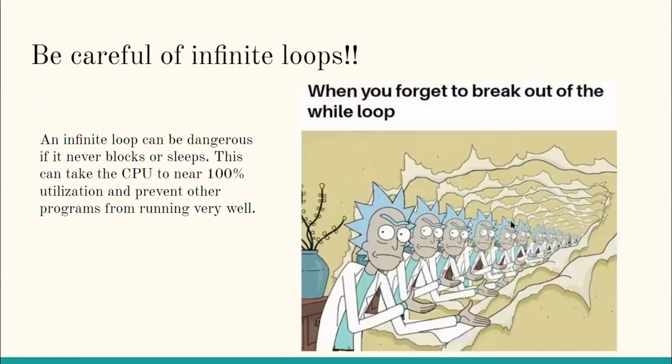An important thing to think about when using while loops is something called infinite loops. This is when you forget to break out of your while loop and you infinitely go through your loop. This can be really dangerous and can stop your other programs from running, and can take a CPU to near 100% utilization. So we definitely want to avoid this.